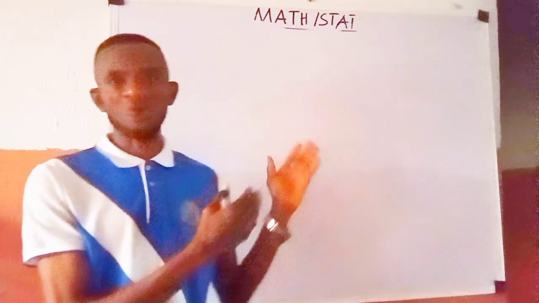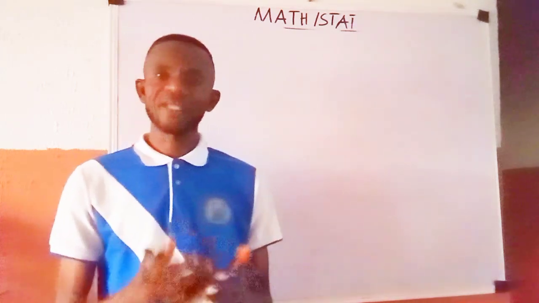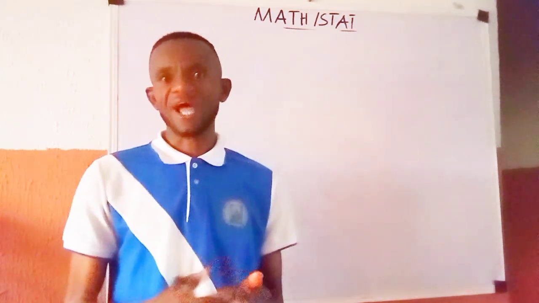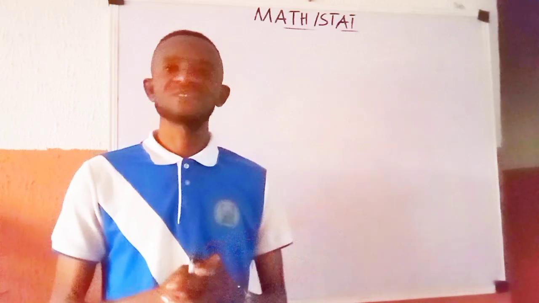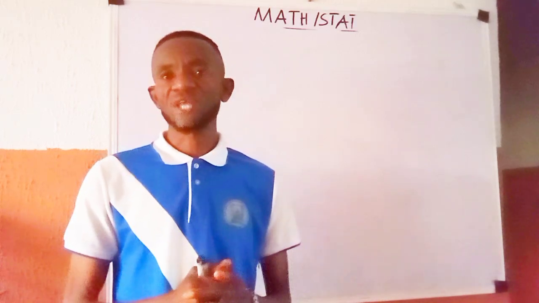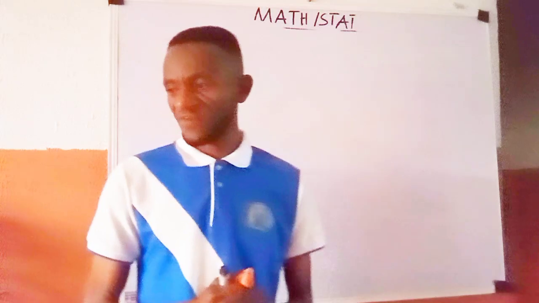So let me call up the question on the board and then we solve it. And I urge you that if you attempted it, cross-check your answers to see whether they tally. Thank you very much.